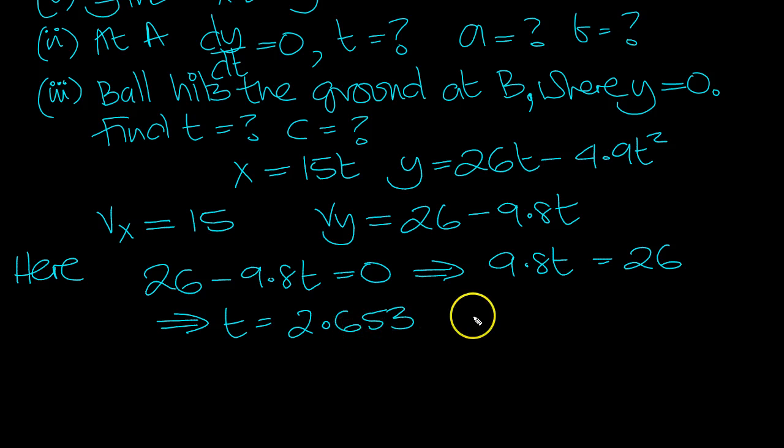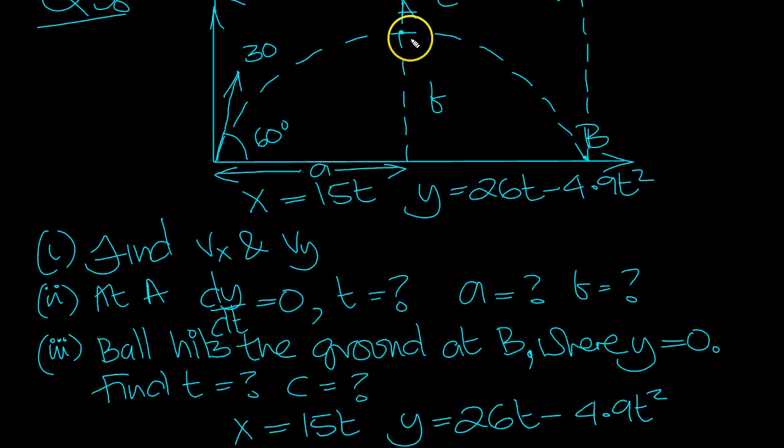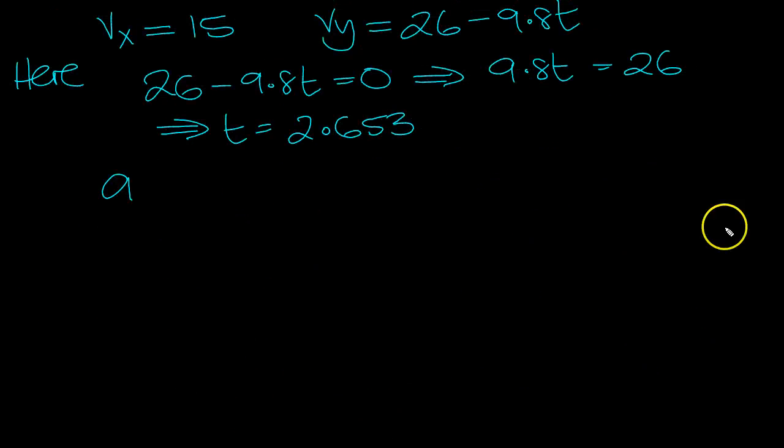So we now need to find A equals and B equals. Well, A will be the distance along in the x direction, isn't it, when it's at this point, which will be x, and B will be the y height.